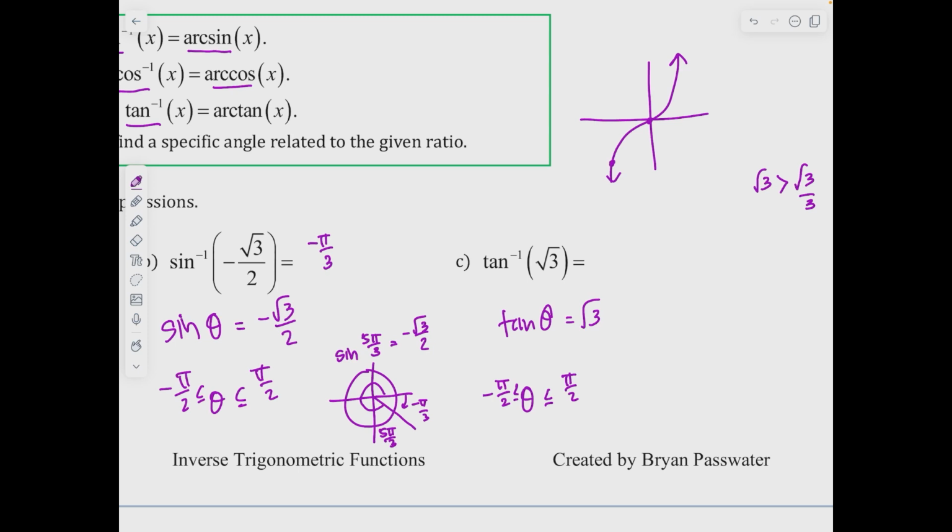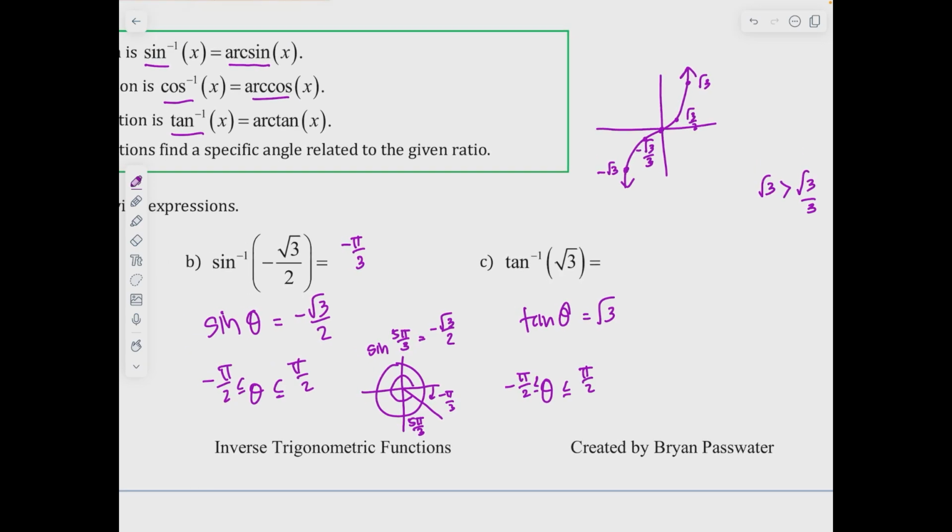That means that the negative root 3 over 3 goes first, and then the square root of 3 goes second. Sorry, this order is mixed up. Negative root 3 over 3. There we go. So that's how I know what's happening there.